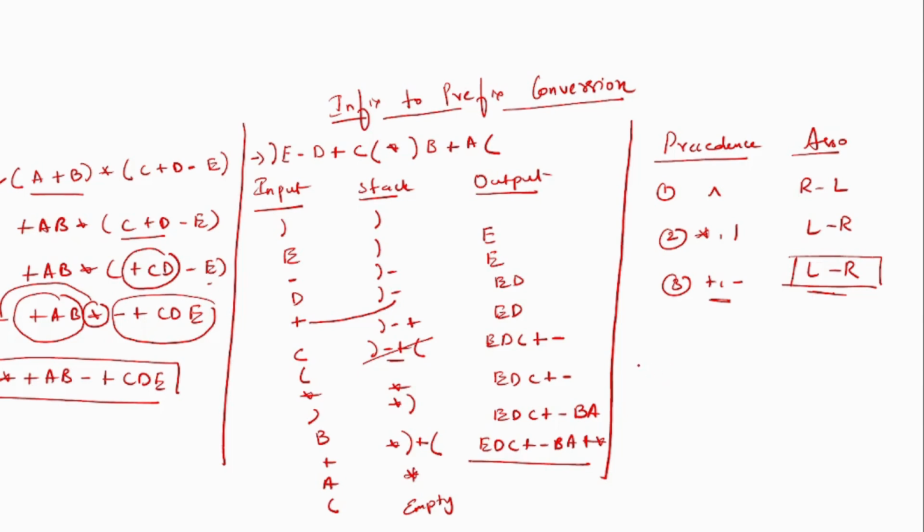So I will just reverse it. I will say multiplication plus AB minus plus CDE. This is my prefix conversion, which is exactly the same as the direct method. So the direct method and the stack method match.